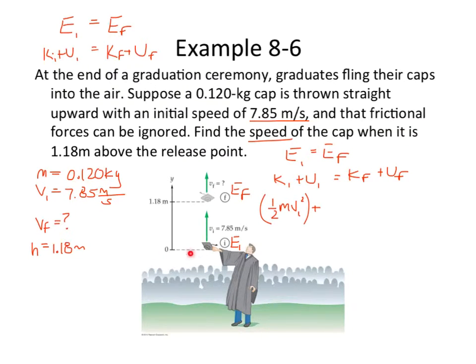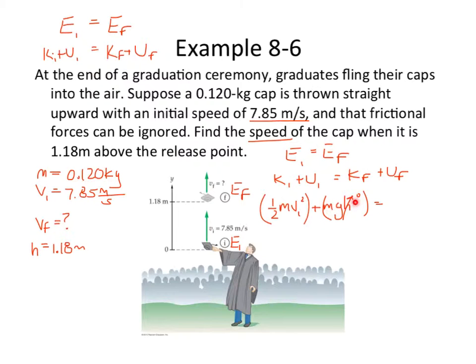So in our diagram right here, we have this position where his hand is marked as 0. In mgh, since we're saying that h equals 0, then that whole thing is going to be 0. So we're going to assume this is 0 potential energy, and it only increases in potential energy as it goes up. So this is really going to be 0 right here. That's the nice thing about potential energy.